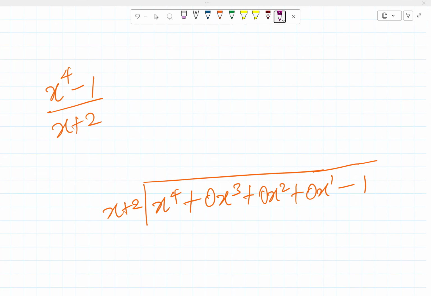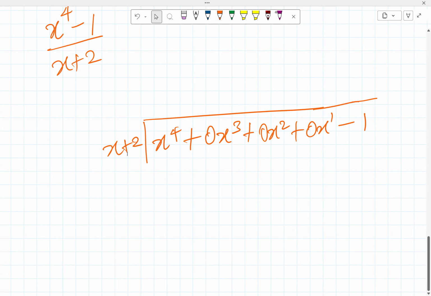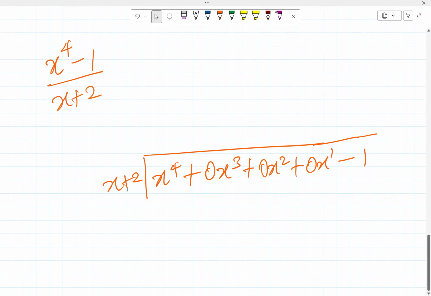Then you can go ahead and start working, because if these things are missing, you're going to have issues later. This is 1x raised to power 0, so that's the constant. Now you say x in x raised to power 4 gives x raised to power 3. Then x raised to power 3 times x is x raised to power 4, and x raised to power 3 times 2 is plus 2x raised to power 3.